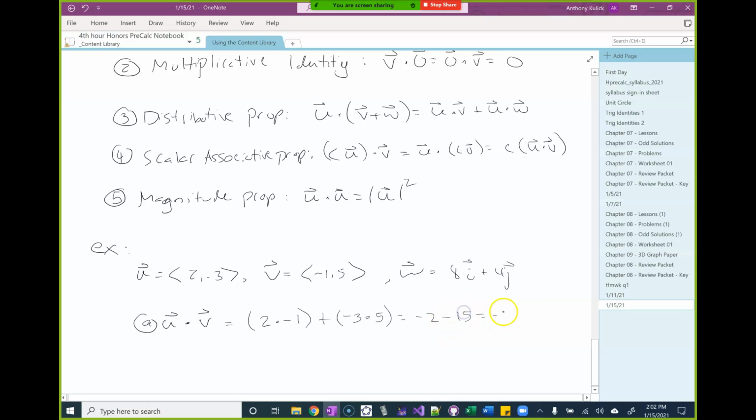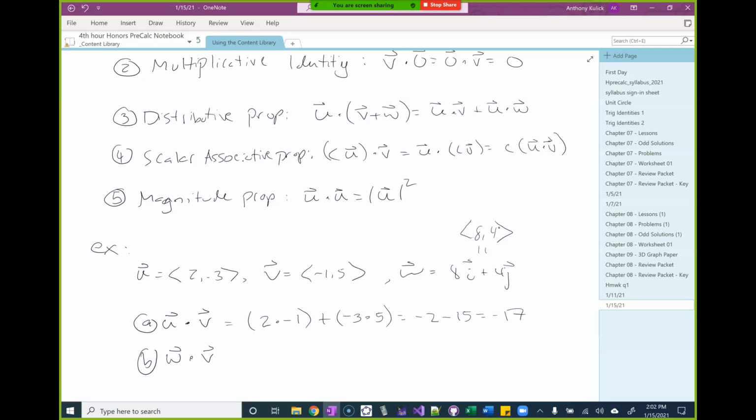Okay with that? What if I tried to do w dot v? Notice that those are not in the same form, right? One is in that linear combination form and the other is in component form. I would just start by writing the linear combination form into component form. So basically the coefficient on the i tells you the x coordinate and the coefficient on the j gives you the y component, right?